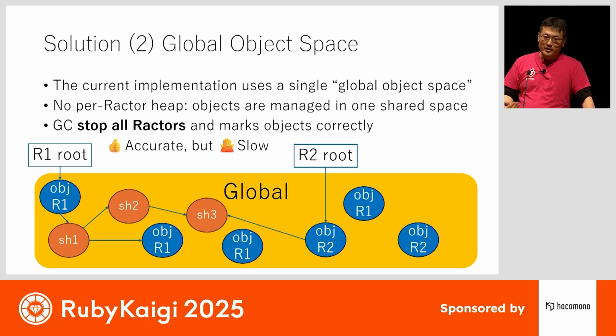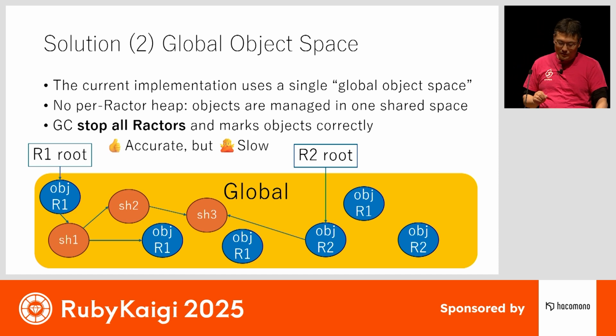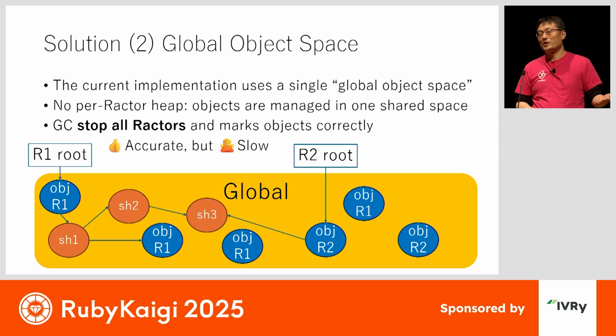When we need to run the garbage collector, Ruby has to stop all Ractors and then traverse from all roots and mark live objects. This is accurate, no problem, but it is slow because we need to stop all of the Ractors, and we need to traverse all of the objects between Ractors, and also we can't utilize the parallelism.